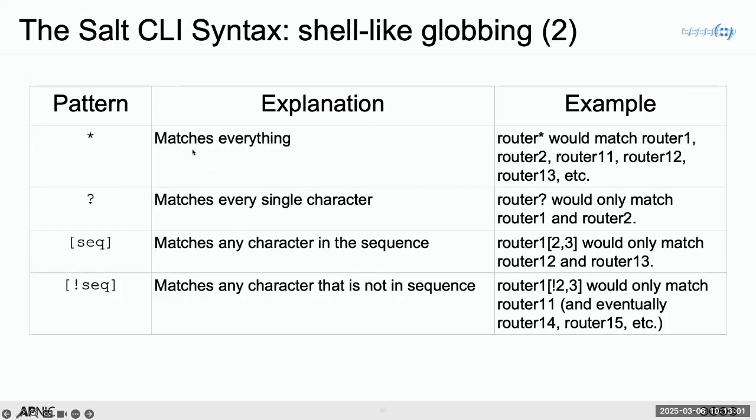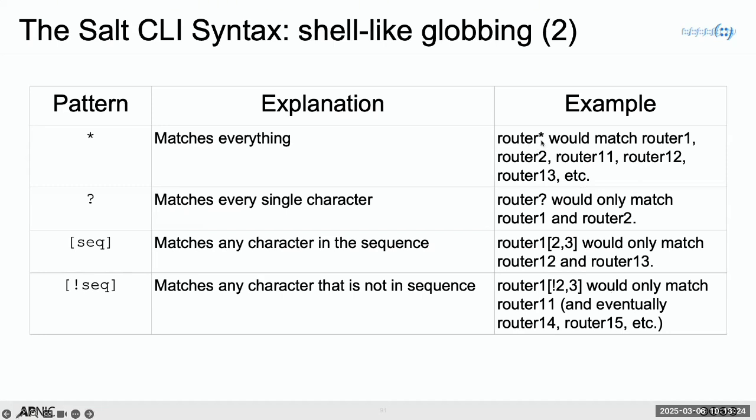So these are the different patterns we can use. We can use asterisk to match everything. Like in other programs, we can use a question mark to match a single character. We can have a sequence, and we can match any character that's not in the sequence. We can specify it in a similar way. Here we have examples as well.